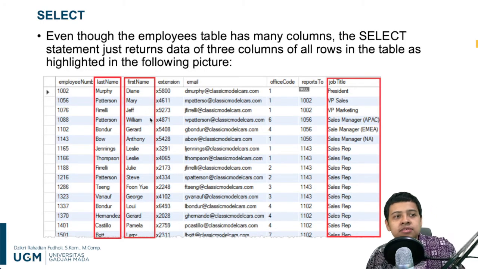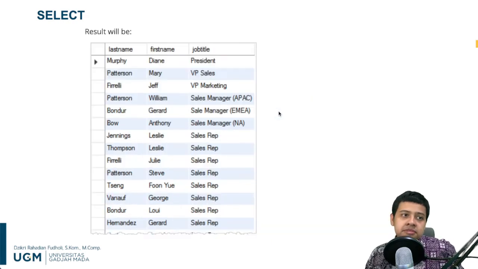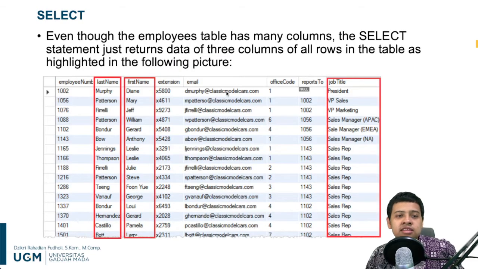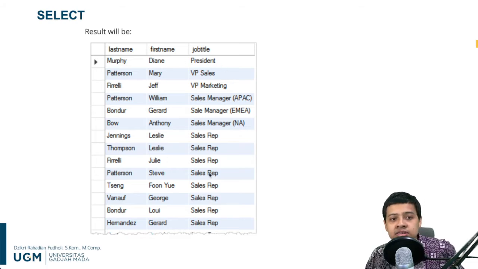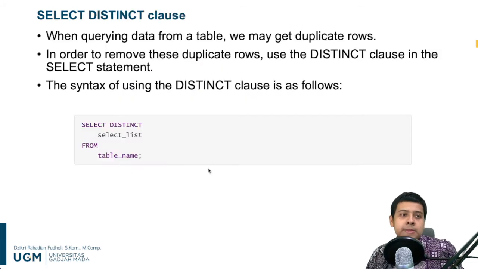If we see the columns, this is the column example. The rows are still not complete, there are more than this. For the previous select statement, we are going to get the last name, first name, and job title, these 3 columns, and the result will be like this. This is the employees table, and this is the select result, the result set.